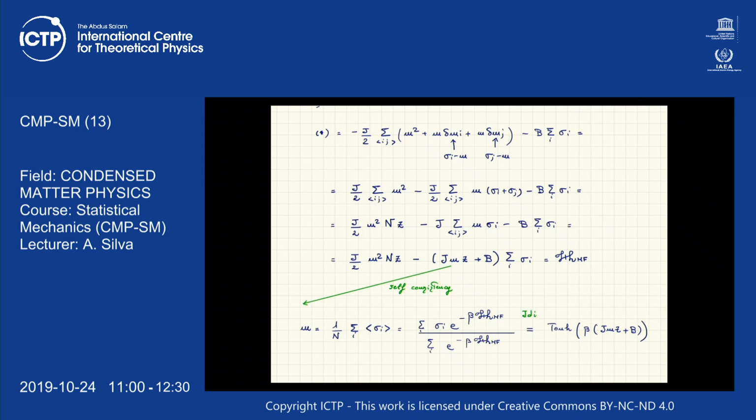So in other words, the self-consistency condition gives you a nonlinear equation for m. M is the unknown. Let's put it here in red. So M is our unknown that we have to solve, and once we solve it, we have solved essentially the mean field theory. We know everything about our system. Clear? It's very, very simple.